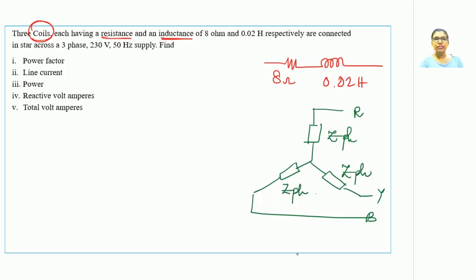And what is the value of this Z phase? The value of the Z phase is a series coil comprising of a resistor in series with an inductor. This Z phase, connected in star, is connected across a three-phase 230 volts 50 Hertz supply.